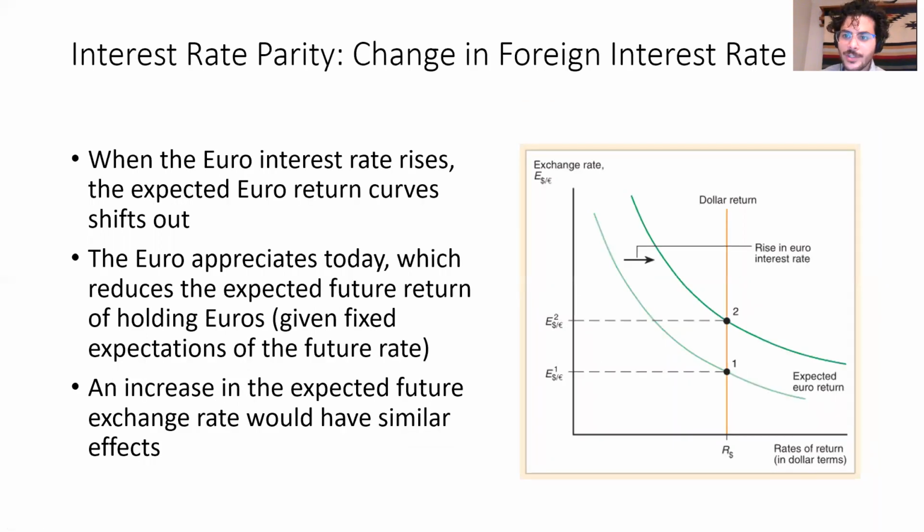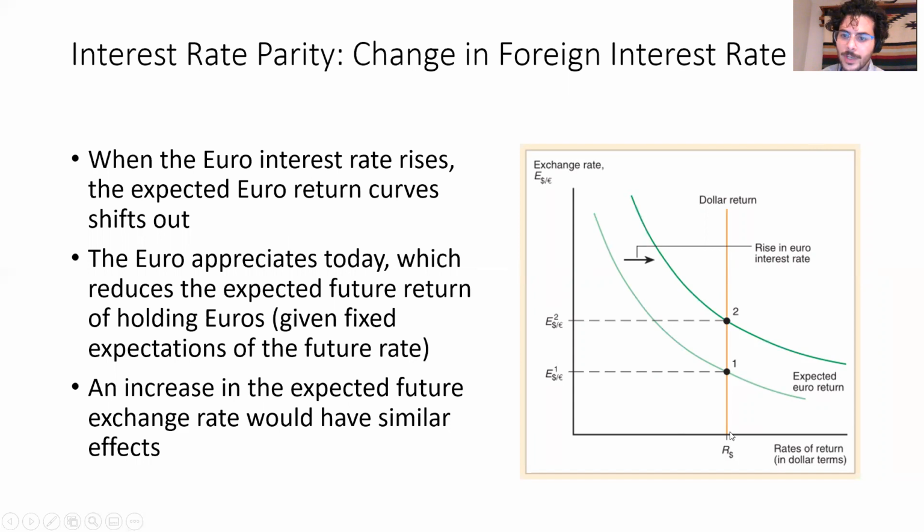So what happens when we have a change in foreign interest rates? In that case, the expected euro return curve is going to shift out. So the interest rate has increased, but we're fixing the expected future rate of the euro.